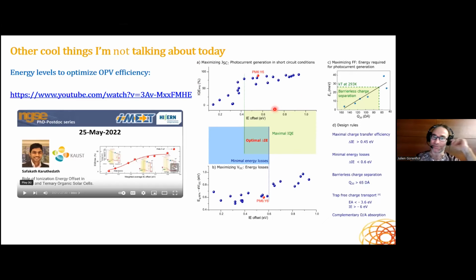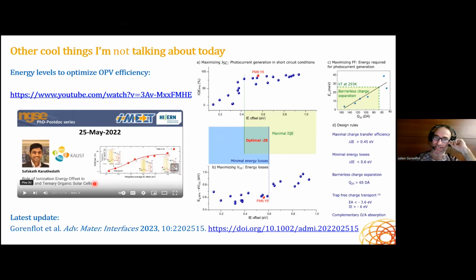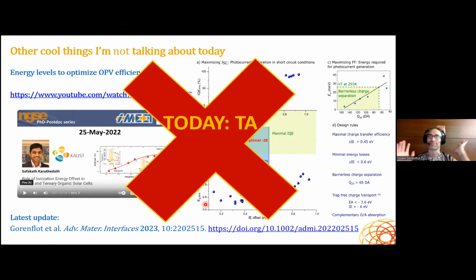I really encourage you to check the presentation that Shafkat, who is now a professor in China, gave last year, as well as our latest updates from early this year on this topic, which are mostly about the energetics, how you can choose your molecular energies to optimize energy losses in organic solar cells. However, today I really wanted to talk about transient absorption.